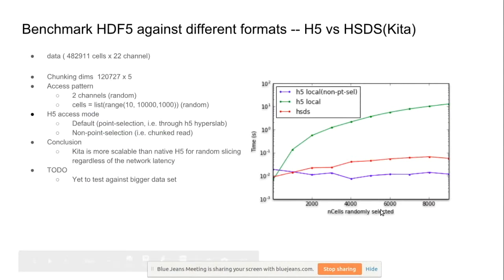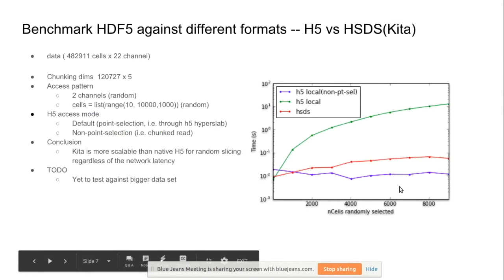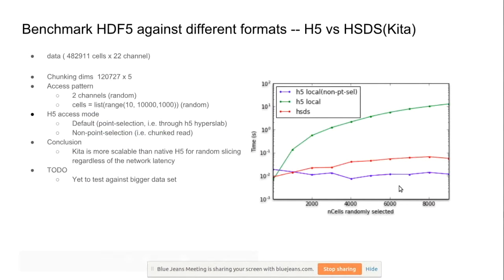From this plot, we can see the cloud-based distributed storage is more scalable than the native H5 local storage for random slicing. Even when we consider the overhead from network latency, we still see the cloud-based system performs better, especially when you increase the size of the randomly sliced subset.